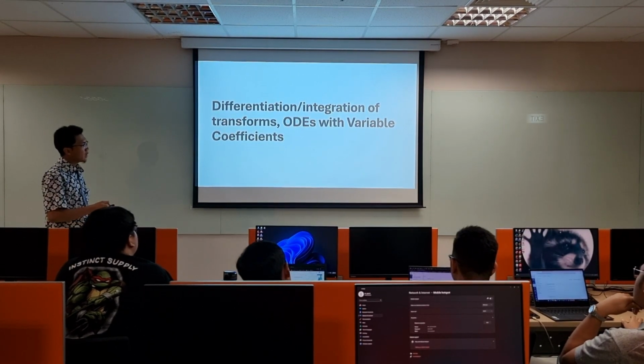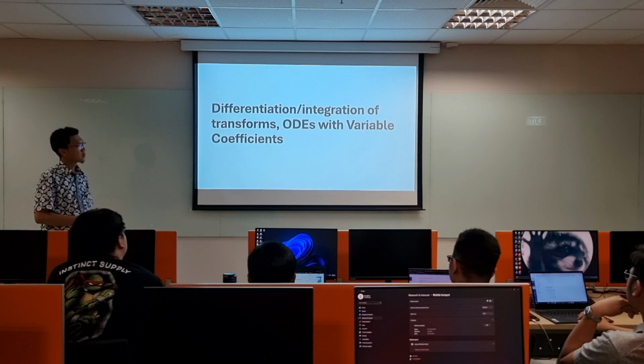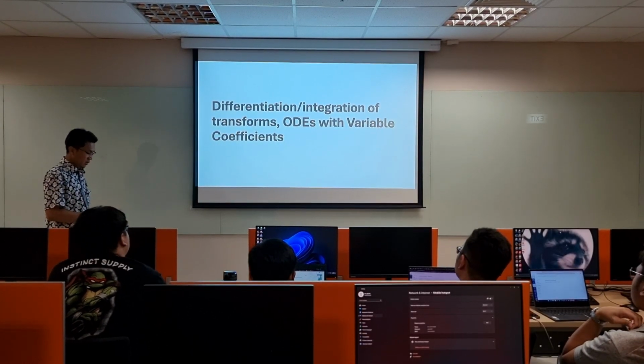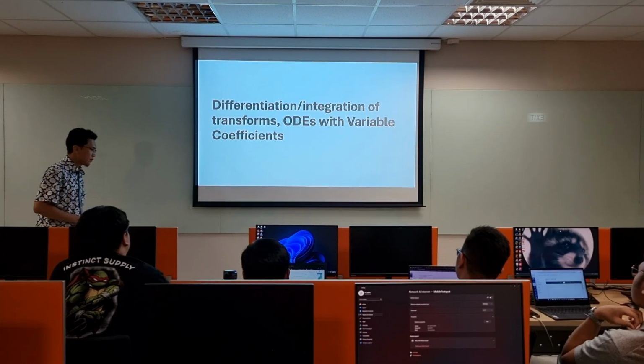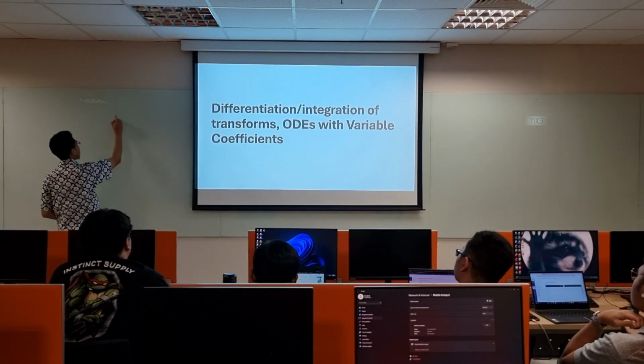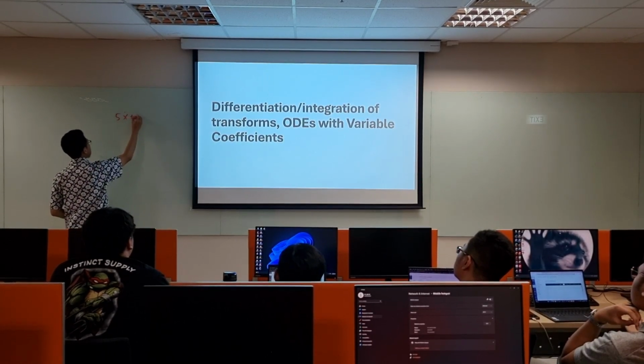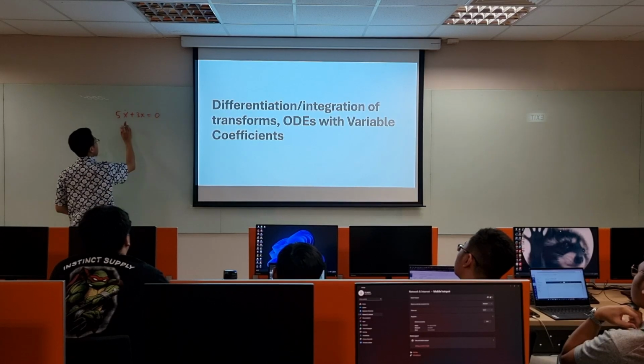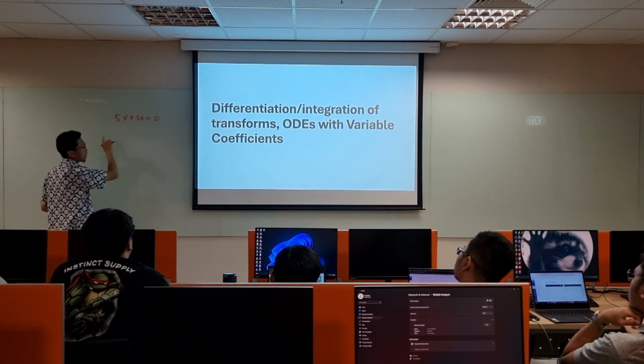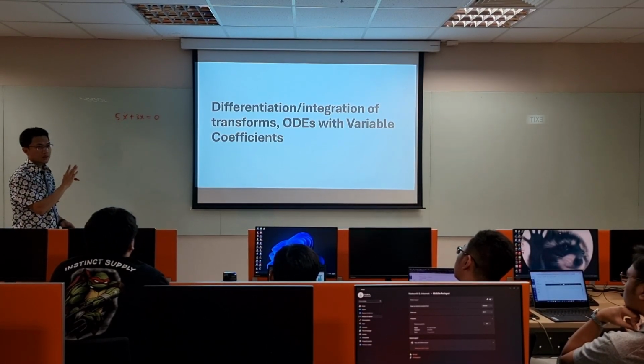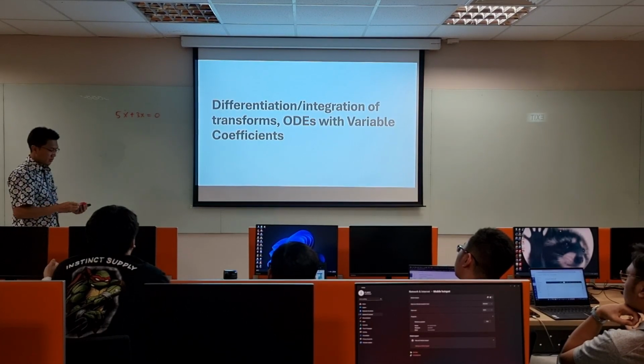where the ODE has a variable coefficient. For example, if you have an ODE of 5x dot plus 3x equal to 0, those coefficients are all constant, not varying with time.